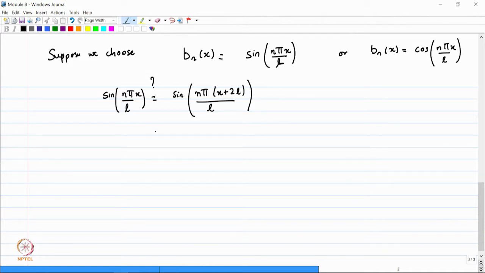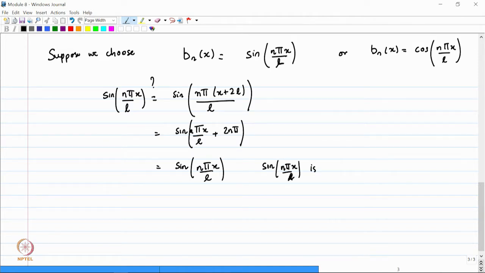The right hand side I can write as sin of n pi x by L plus 2n pi, and sin of n pi x by L plus 2n pi is nothing but sin n pi x by L. So sin n pi x by L is periodic with period 2L.